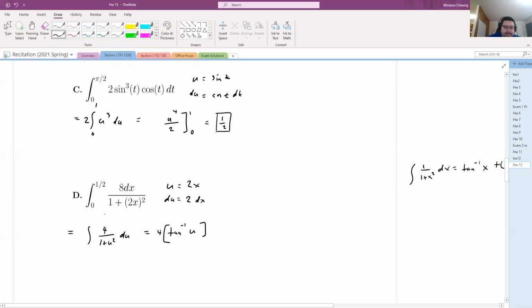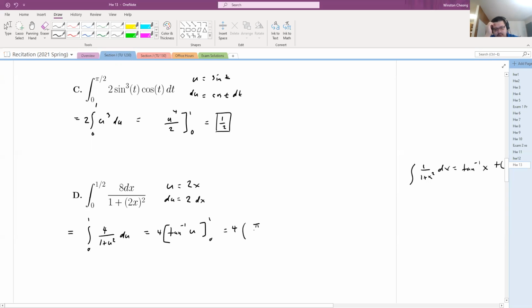Okay, and let's convert over the limits now. You're just going to multiply the limits by 2, so it's going to be 0 to 1. And so this is going to go from 0 to 1. Okay, thinking about what is arctangent of 1. You have to think what angle, when you take tangent of it, will give you the value 1.